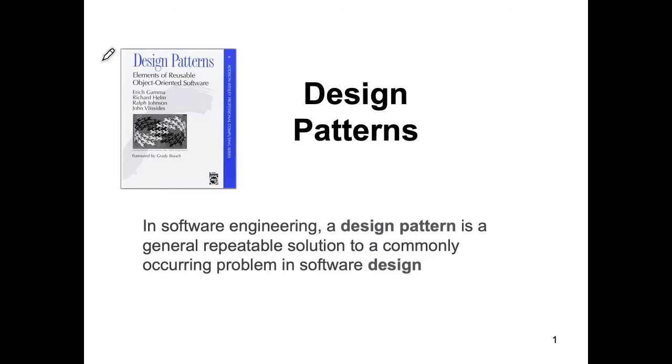So they looked at a range of applications, and within those applications, areas of the application that they thought were well designed, they represented those designs diagrammatically and generalized the designs.